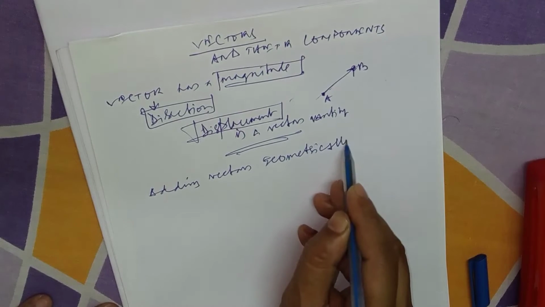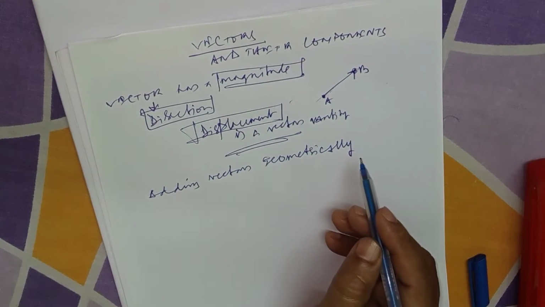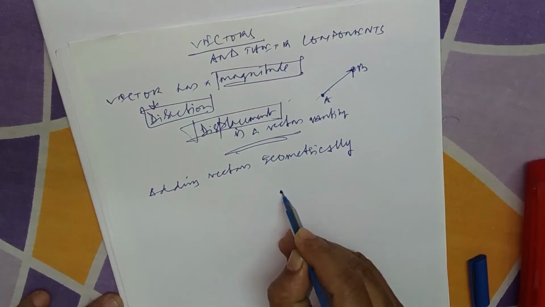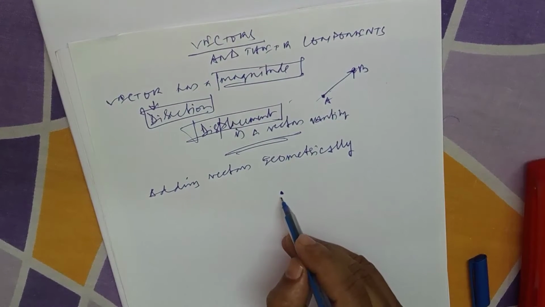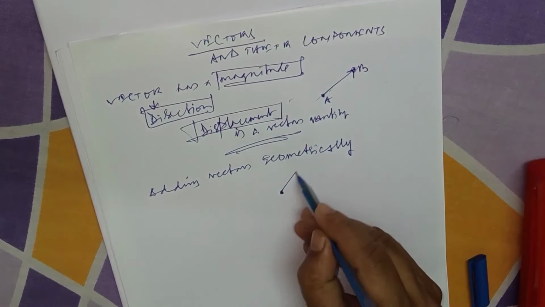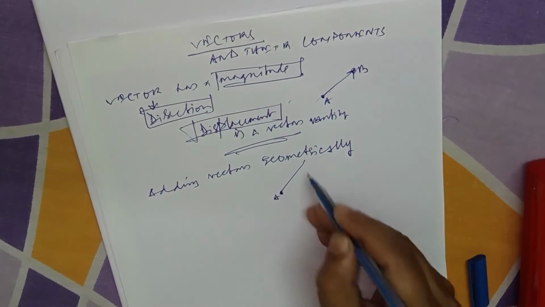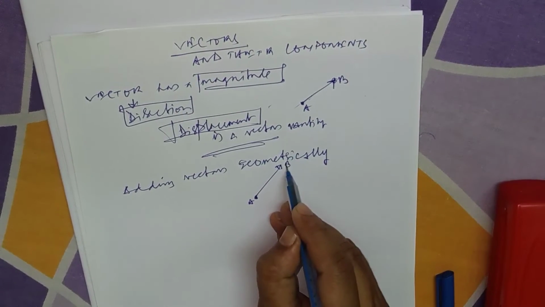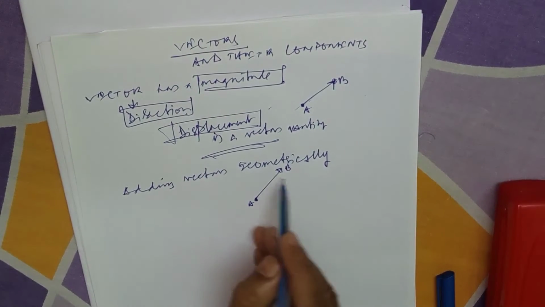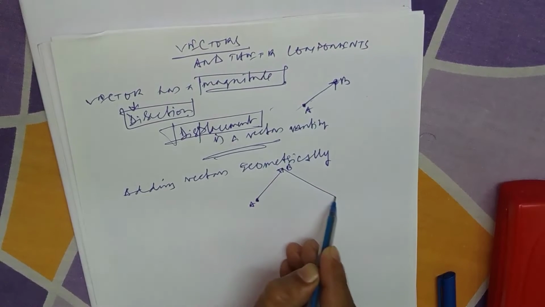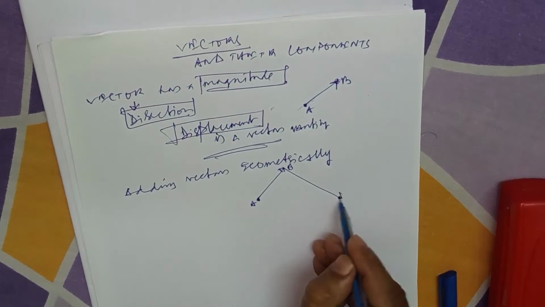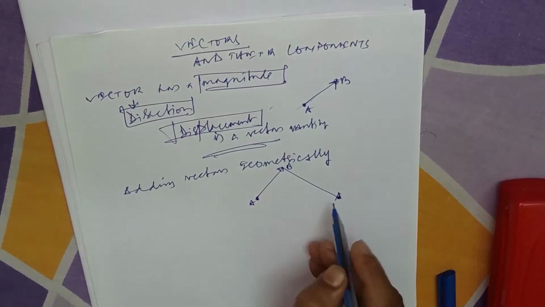Geometrically, how? It starts from this point. Keep in mind, it starts from this point. So this is A, this point is at B. Again, the displacement goes like this. So this is point C.